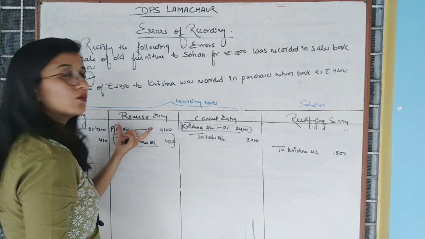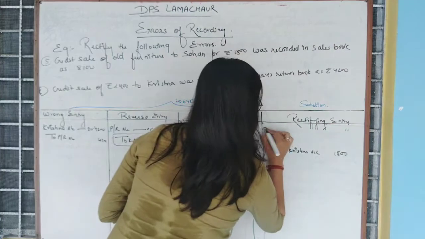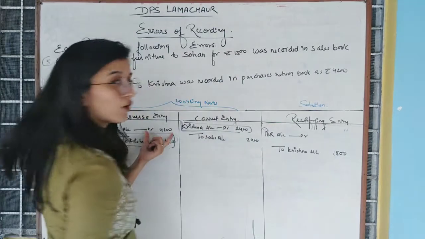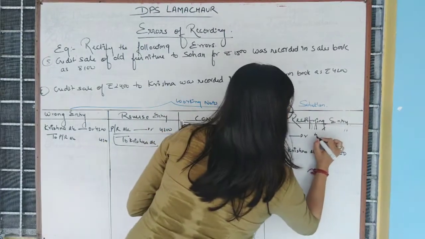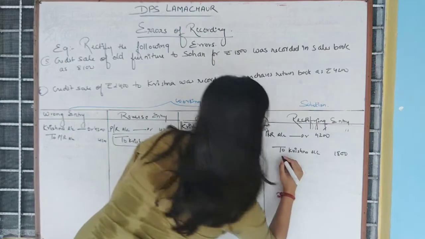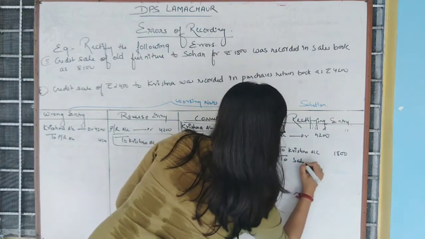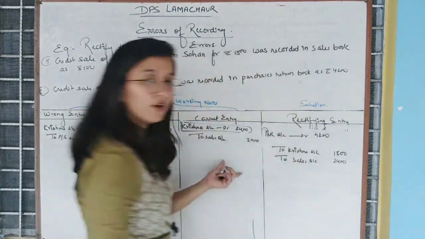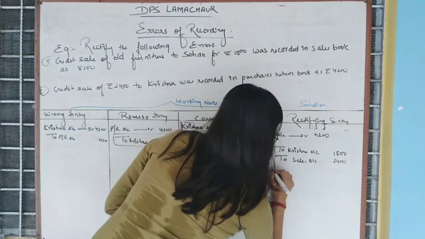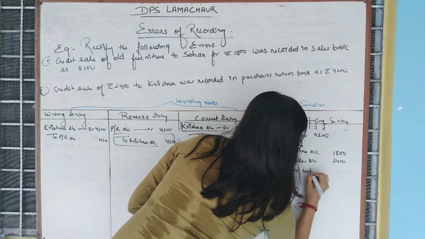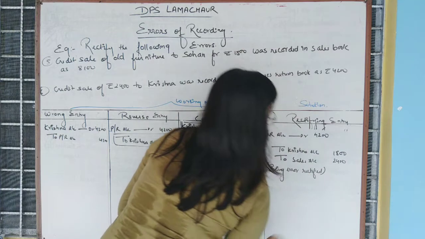Purchases return account will be debited with the amount 4200, and sales account will be credited with the amount 2400. Narration will be: being error rectified.